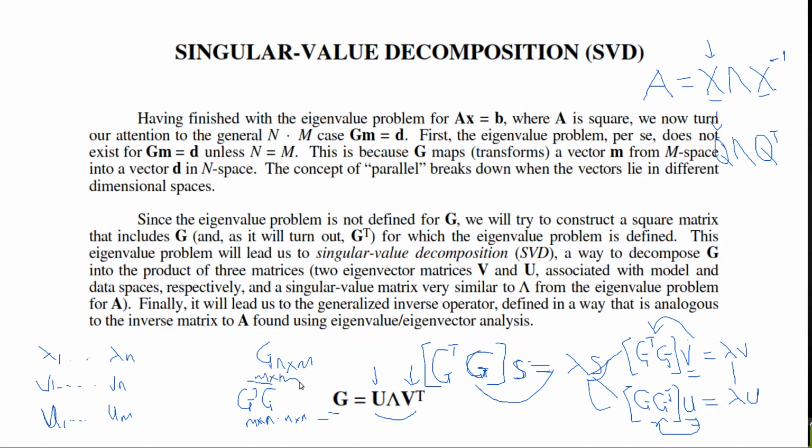And G G transpose will be n by m times m by n, so this one will be an n by n matrix. So the eigenvectors U will be up to n, and the V will be up to m, so m eigenvectors.